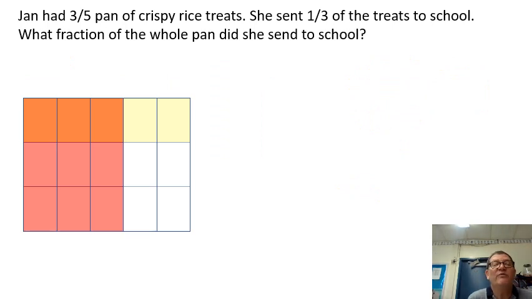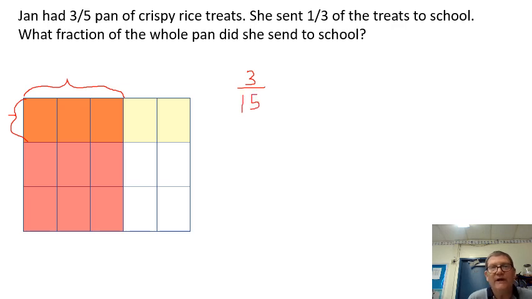Now notice when we moved our fifths to our thirds, we end up with this area right here, which is orange. And that's where both fractions crossed over. So we can see we have 3 oranges out of a total of 15. And that's 3/15.